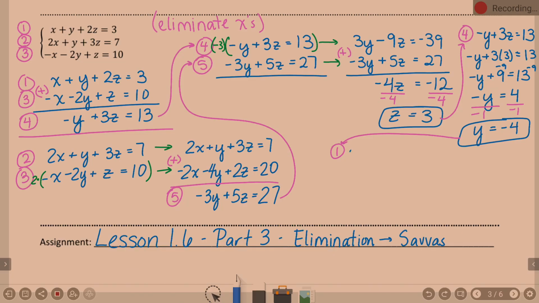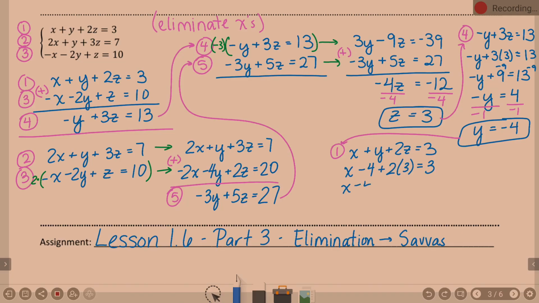So x plus y plus 2z equals 3 is my original. Plug in what you know. So I don't know x, so x plus y, so plus negative 4, I'm going to write minus 4, plus 2 times z, so 2 times 3 equals 3. I'm going to follow my order of operations, so I'm going to multiply.